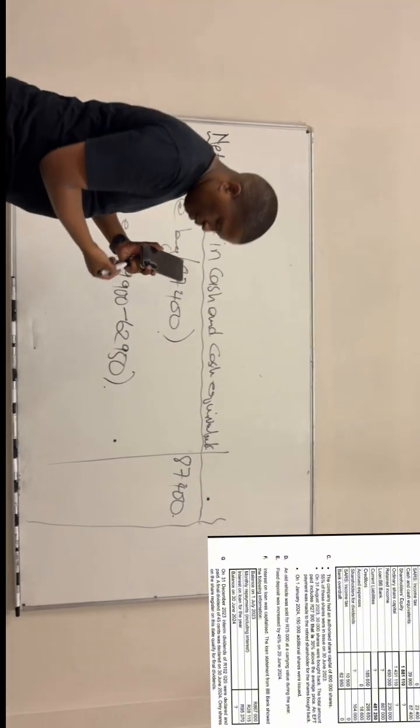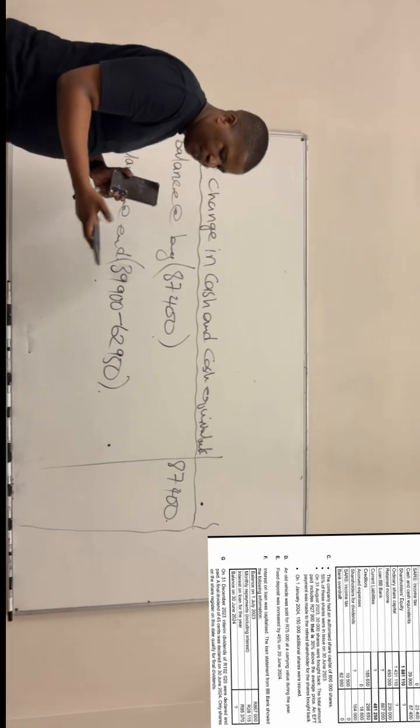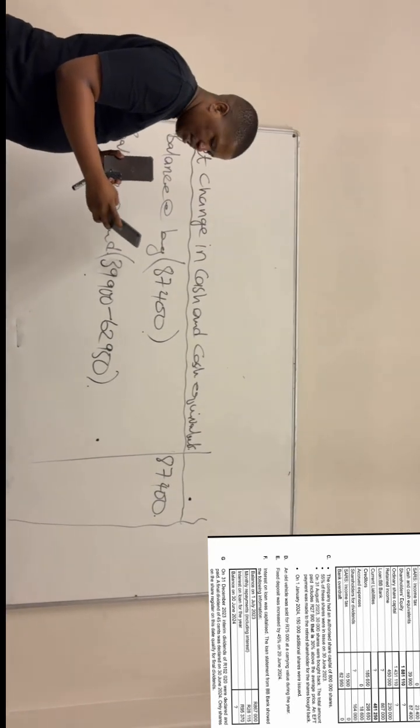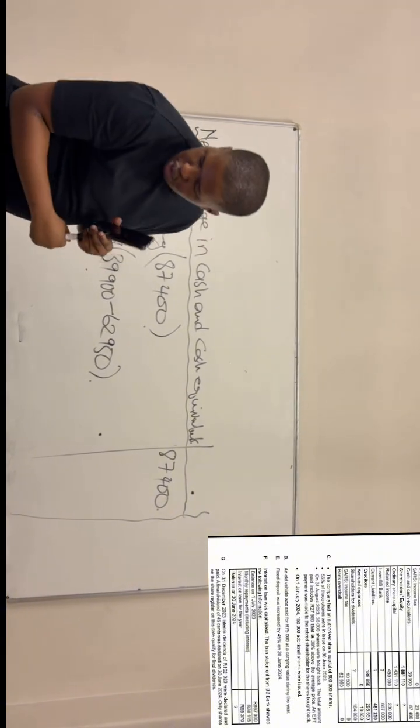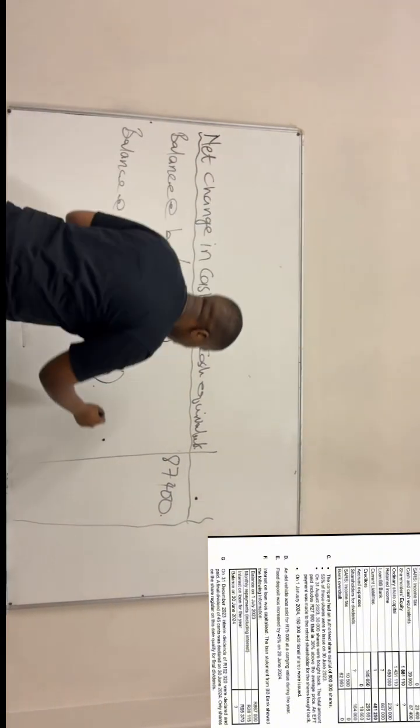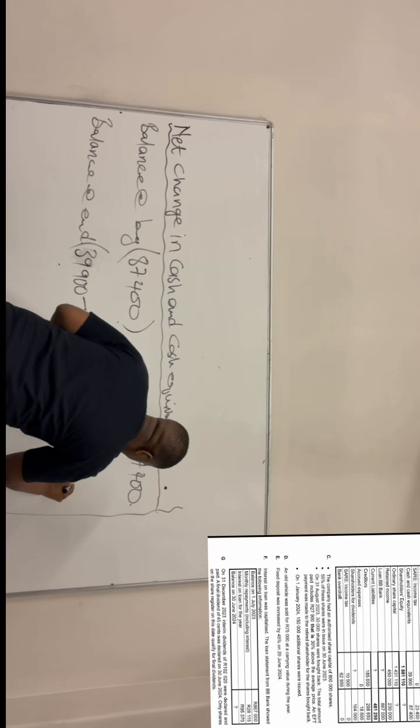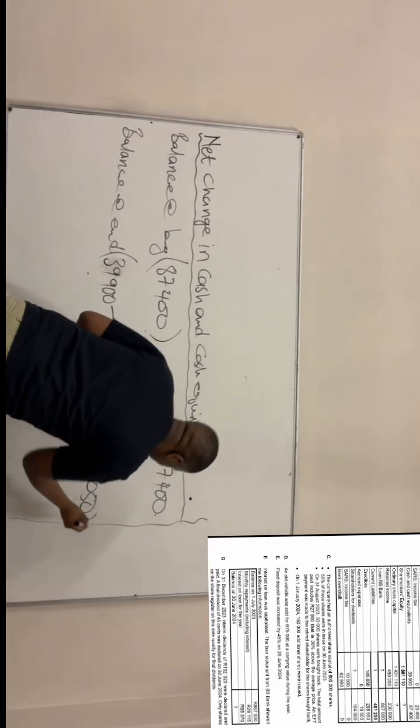Now, to get the balance at the end, you simply say 39,900 minus 62,950. We have an outflow of 23,050 rands.